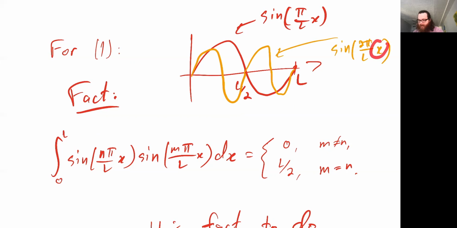Right, so here when x is L over 2, plugging L over 2 there, we get sine of pi, which is 0. Maybe I'm off by a factor.